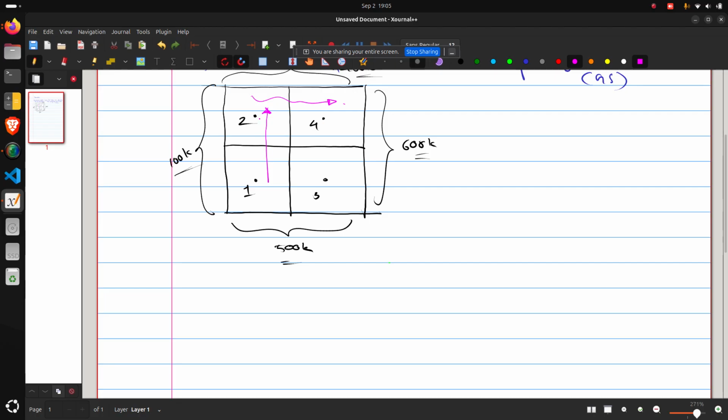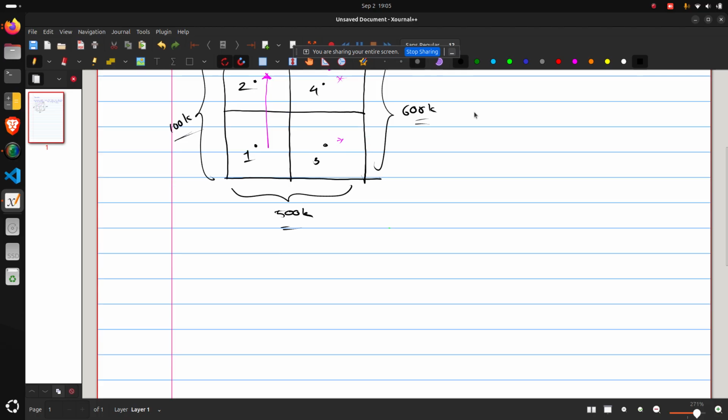So, for example, if we are traversing in the y direction, solving for 1 and 2, then we will take a guess value of the values required for 4 and 3. Okay, so let us see how this goes.